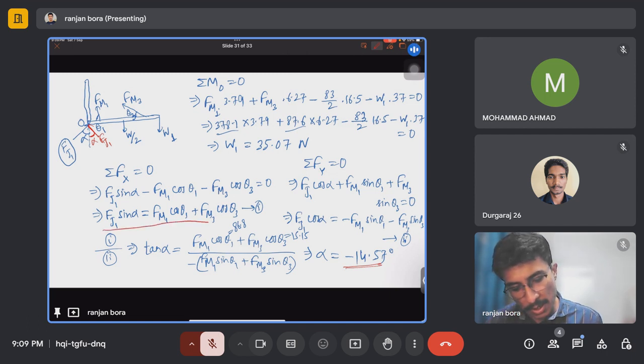Now we can use this equation to find out the value of Fj1. Fj1 is minus 420 Newton.